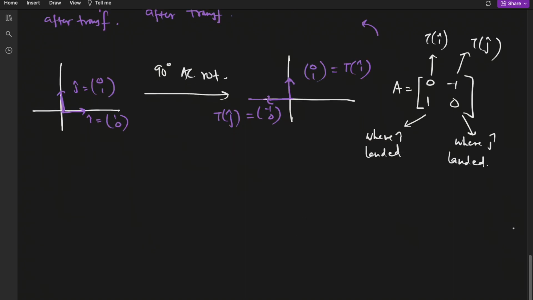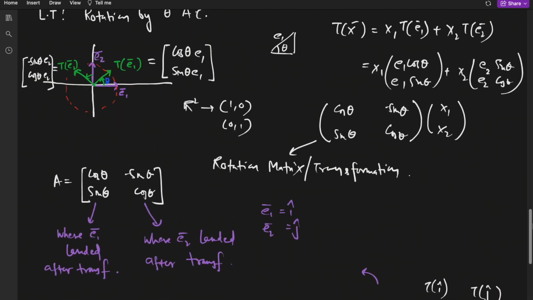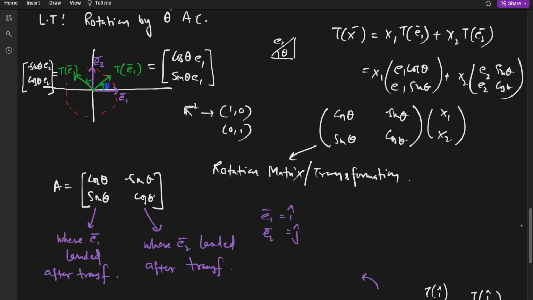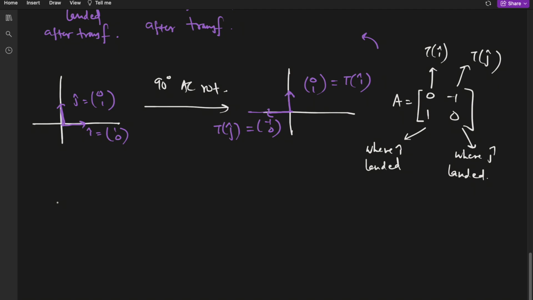right? And if you go here, the generalized representation, we have this general matrix A equal to cos theta, sin theta, minus sin theta, cos theta, rotation by theta degree.